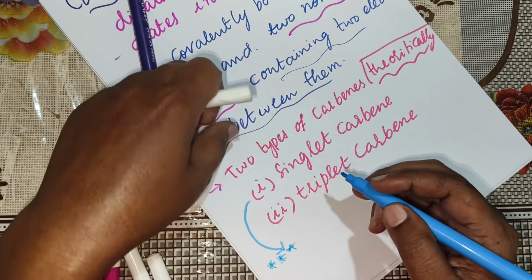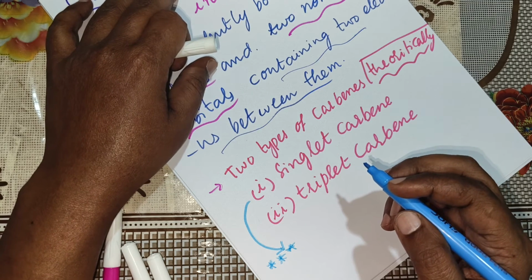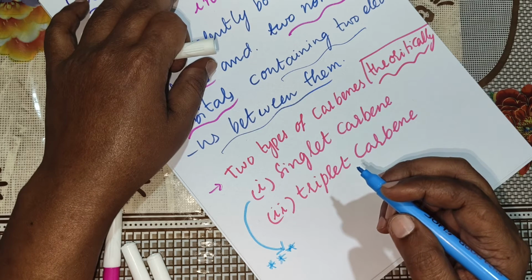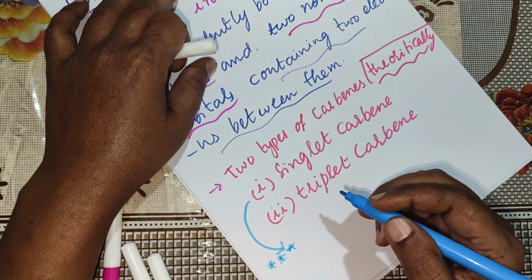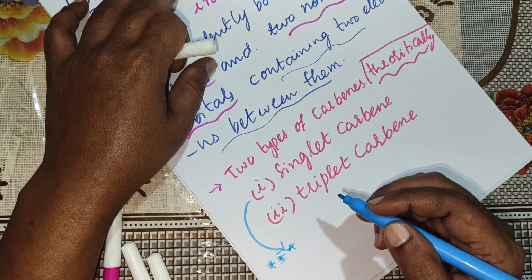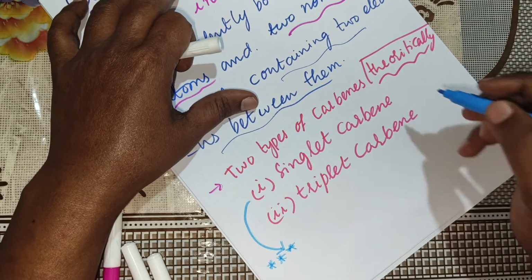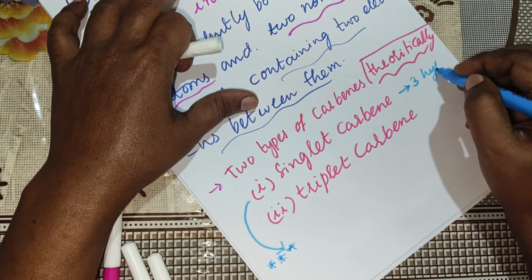In singlet carbene, totally three hybrid orbitals are there. Among those, two orbitals are utilized for the formation of covalent bonds.